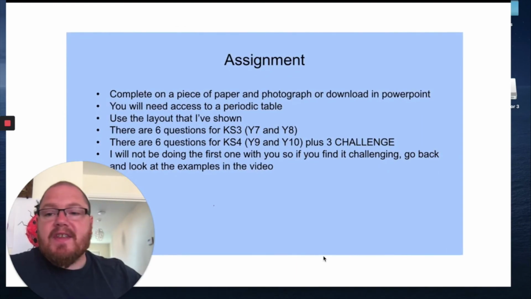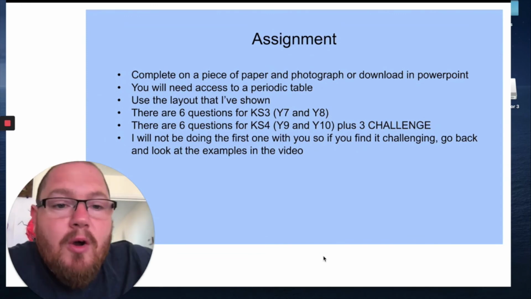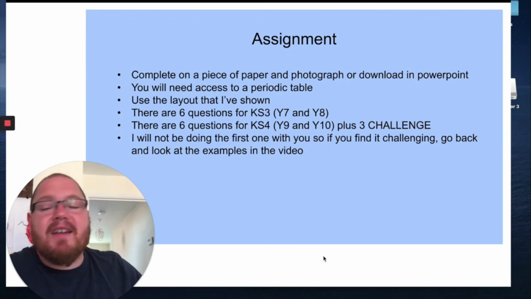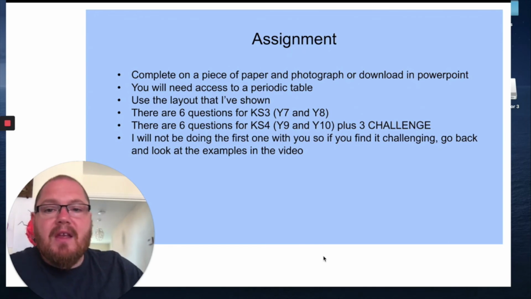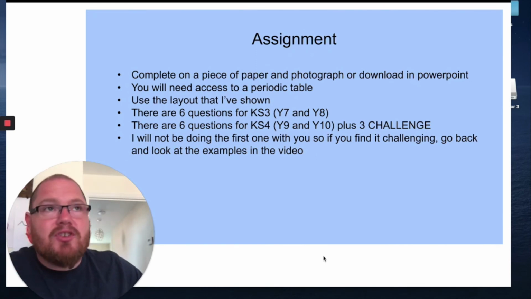All right then, let's look at the assignment, because I want to keep this video quite quick. It says complete on a piece of paper and photograph, or you can download the PowerPoint in this case. There is benefit to downloading the PowerPoint in this case because of that periodic table. You'll need access to the periodic table, obviously. Use the layout that I've shown.